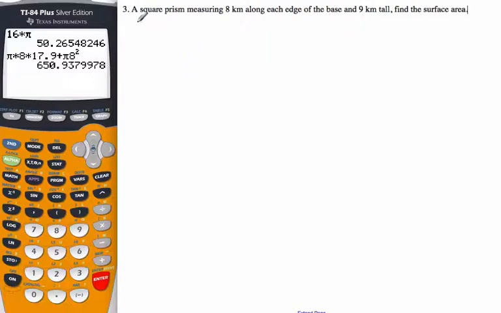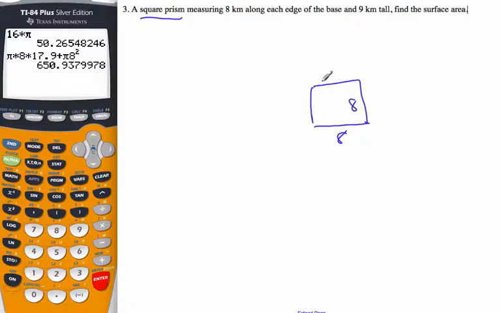A square prism measures 8 kilometers long on each edge of the base and 9 kilometers tall. Find the surface area. Well, if I have a square prism and there's no diagram, what does the square prism actually look like? I need a square base. So here's my square, and it's 8 by 8.